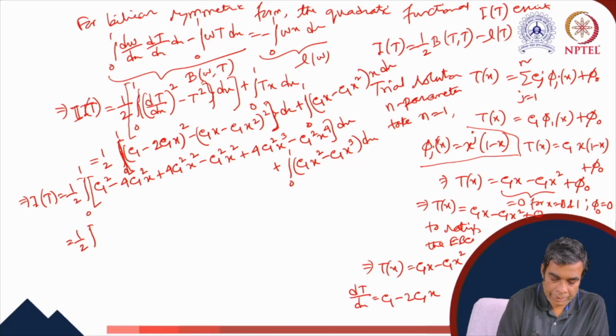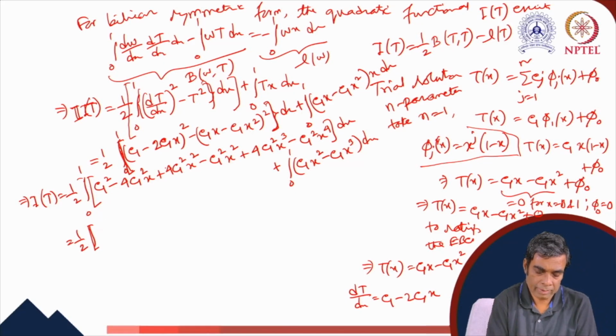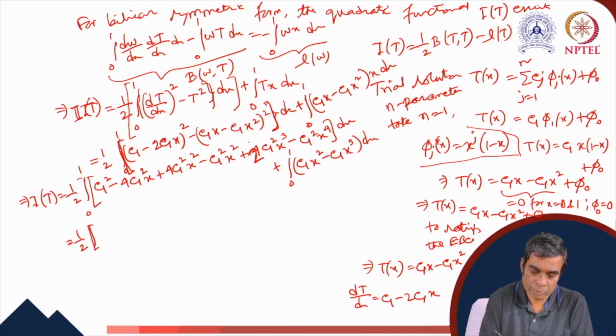Then if we perform the integration, the first one was c1 square minus 4 c1 square x plus 4 c1 square x square minus, let me cross check once, c1 square x square plus 2 c1 square x cube. So this will be 2 c1 square x cube minus c1 square x to the power 4.